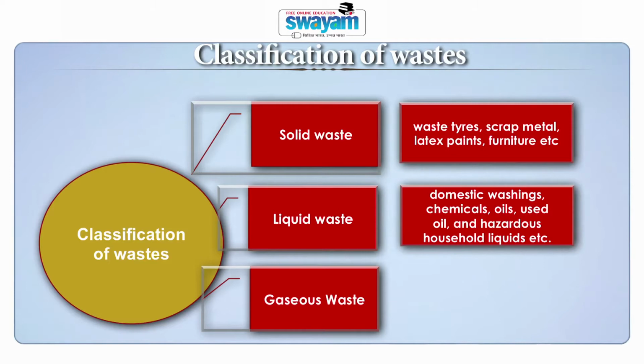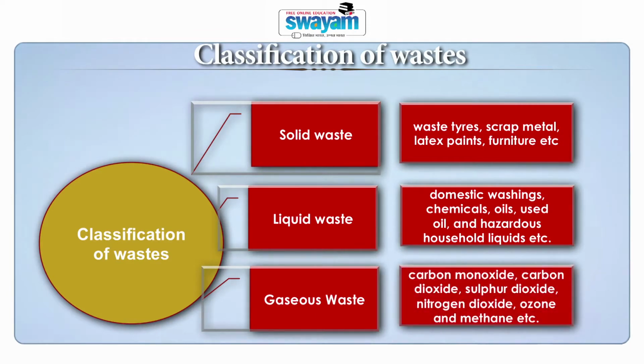Gaseous wastes are gaseous in nature. These are also produced from domestic, commercial as well as industrial activities. Examples of gaseous wastes are carbon monoxide, carbon dioxide, sulfur dioxide, nitrogen dioxides, ozone, methane, etc. There are many examples of gaseous waste.